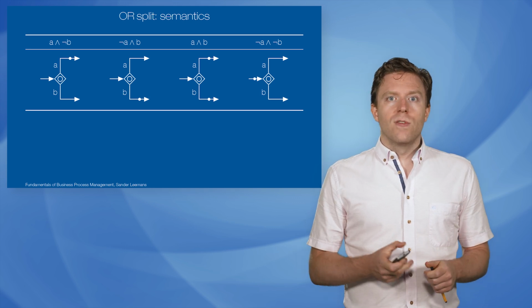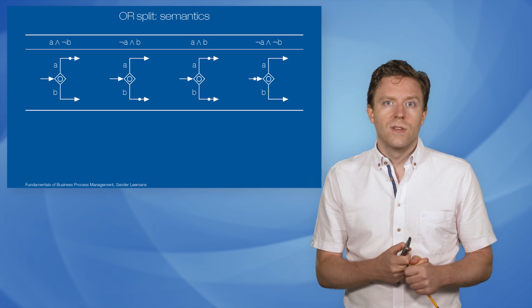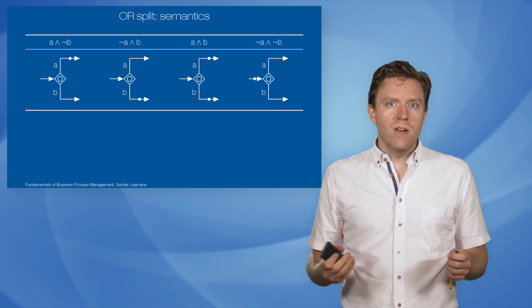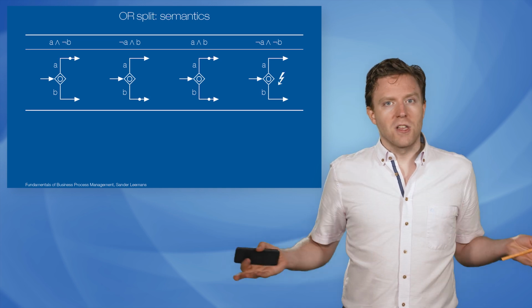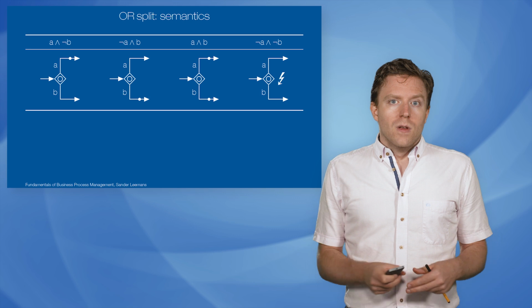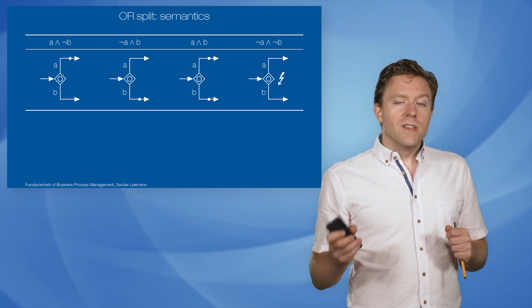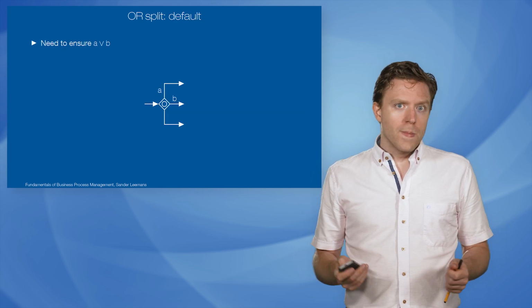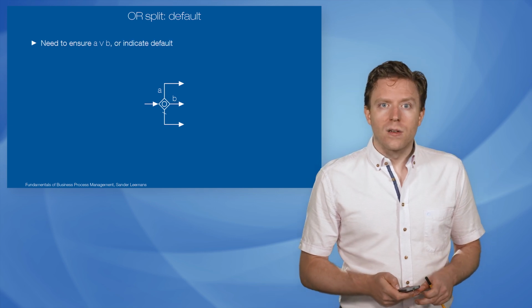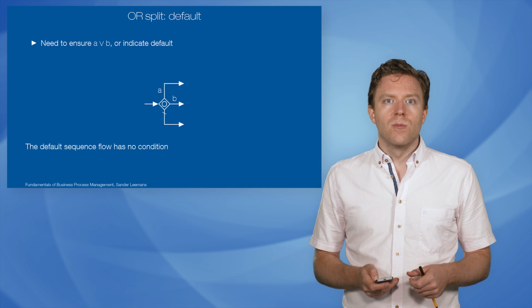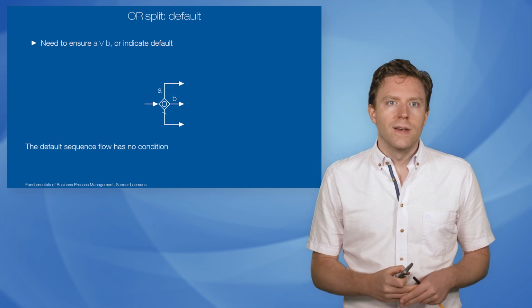But what if a token arrives and neither A nor B is true? Then we have a problem because we're stuck. So you either need to guarantee that this never happens, or you can indicate one of the arcs as a default using this small little diagonal line.